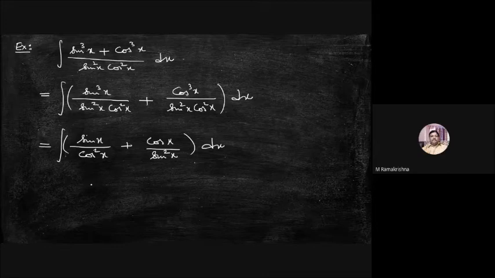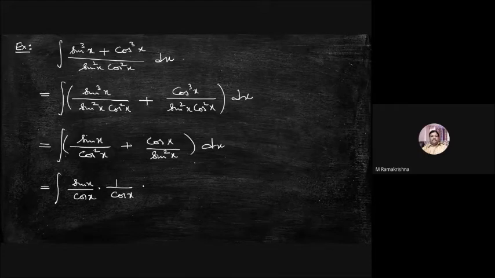Now I am separating this cos square x as sin x by cos x into 1 by cos x plus cos x by sin x into 1 by sin x.